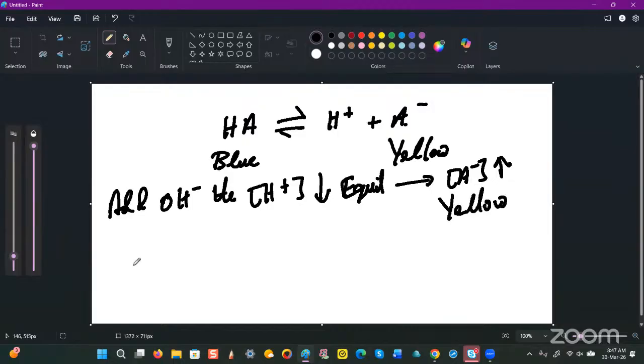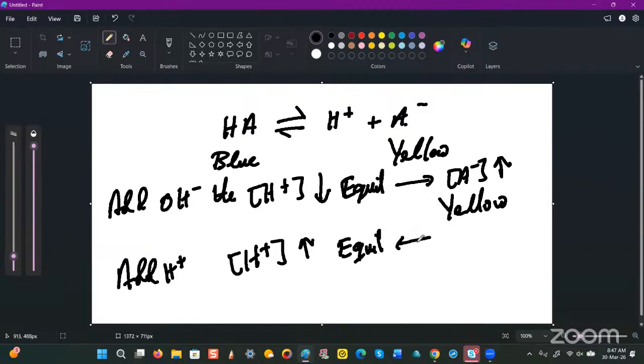On the other hand, if you add H plus ions, then the concentration of H plus will increase and the equilibrium will shift to the left, which means that the concentration of HA would increase, and the solution will become more blue.